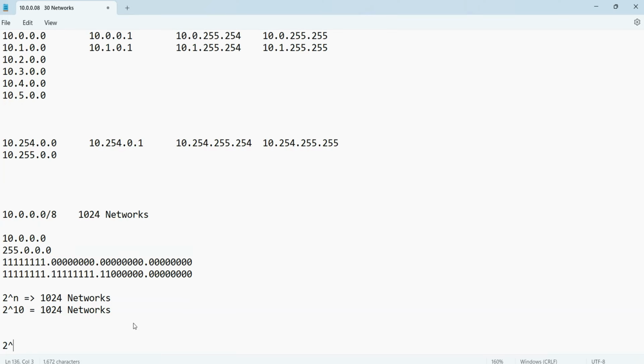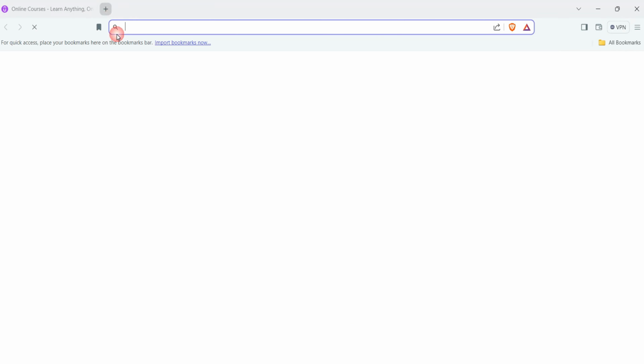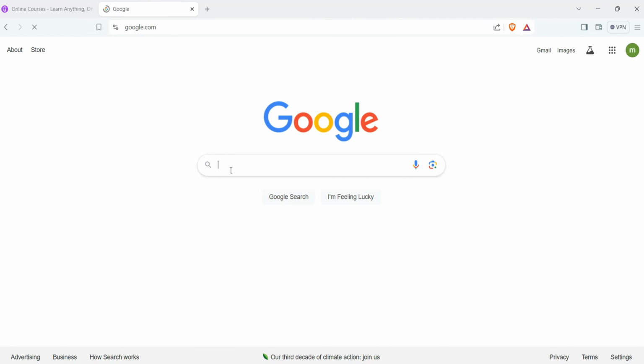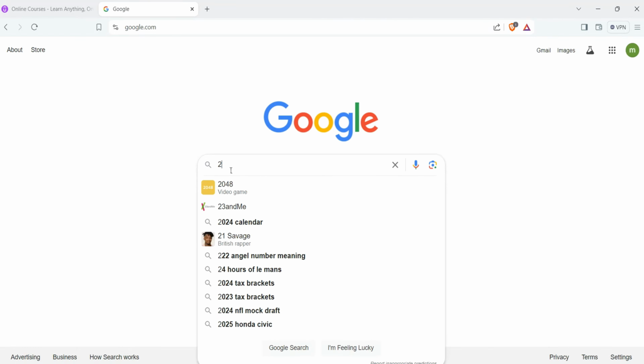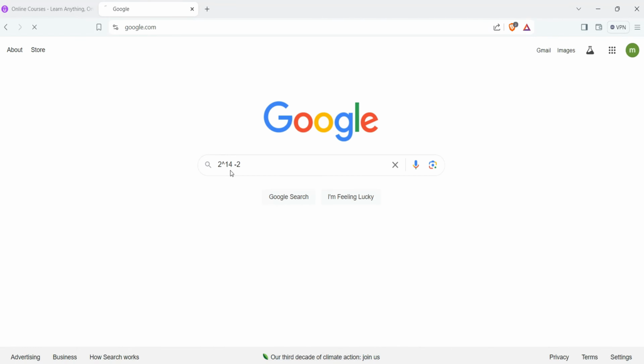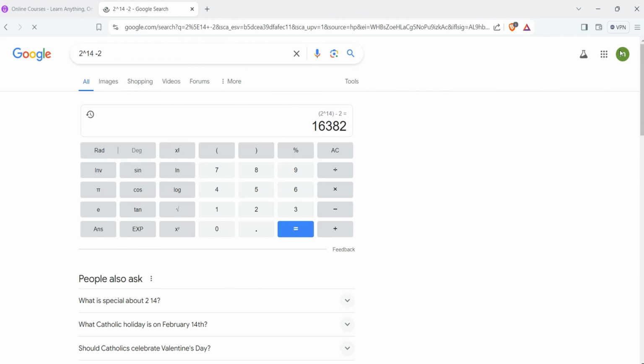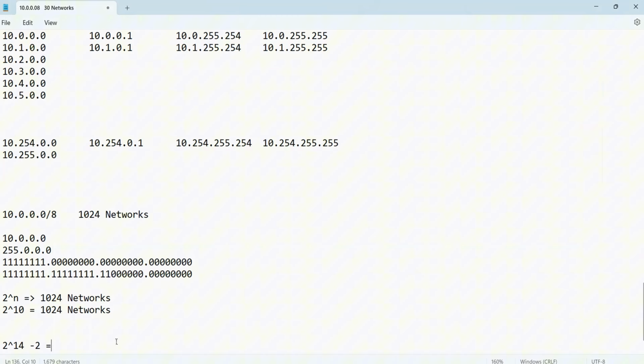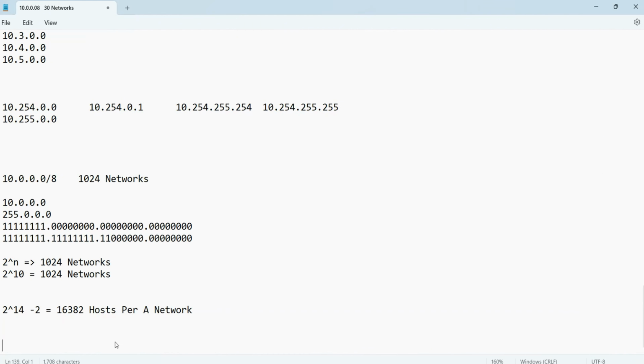So 2 to the 14, minus 2 for the network ID and the broadcast. And what is 2 to the 14? Let's go back online to Google, our best friend. 2 to the 14 minus 2 gives 16,382 hosts per network. See that? Okay. What's the value here?